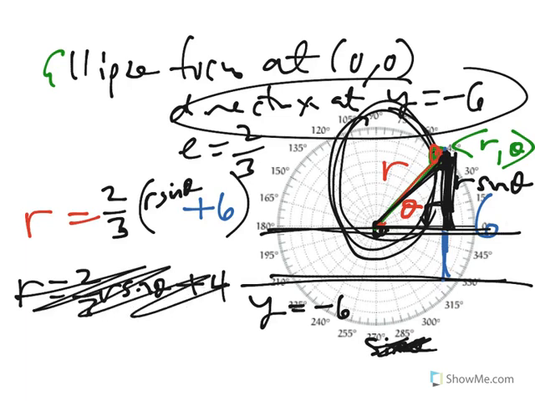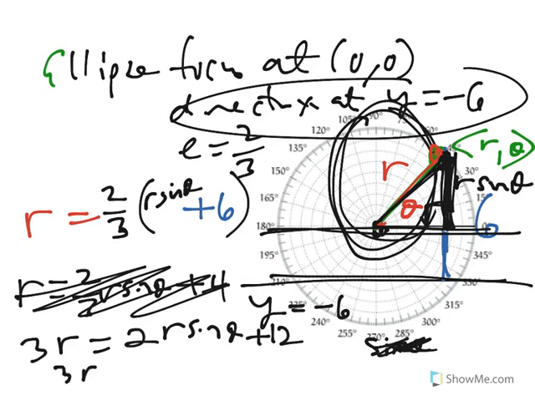Actually, even better than that, multiply everything through by 3. 3r, and then distribute the 2 through: 2r sine theta plus 12. Bring all the r's over to one side. So 3r minus 2r sine theta equals 12. Factor out the r.